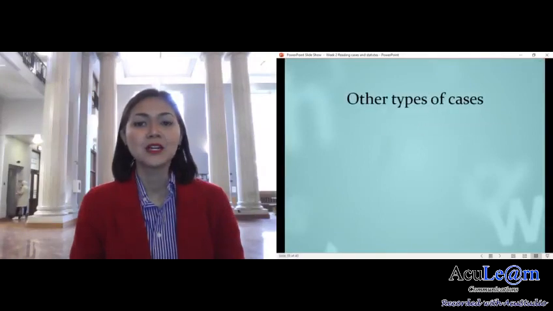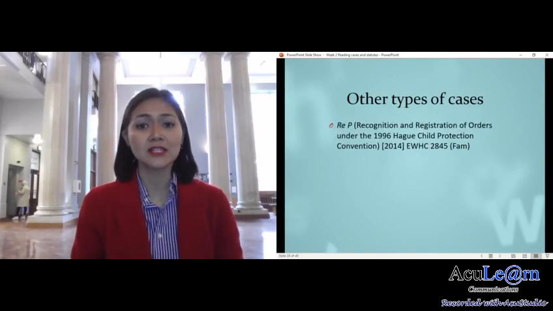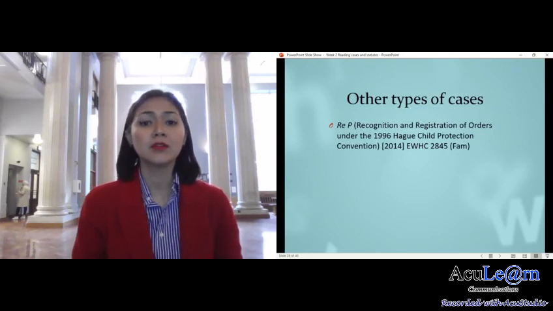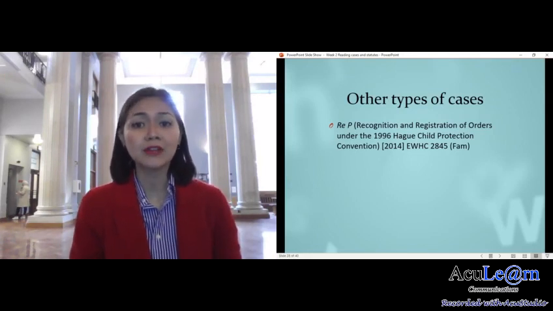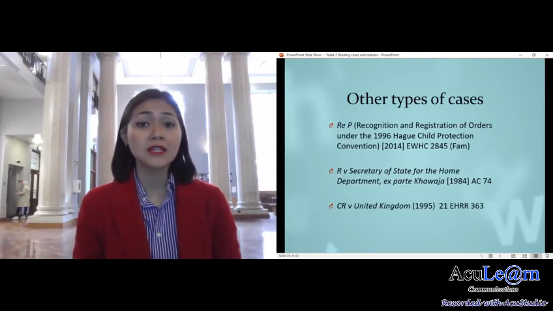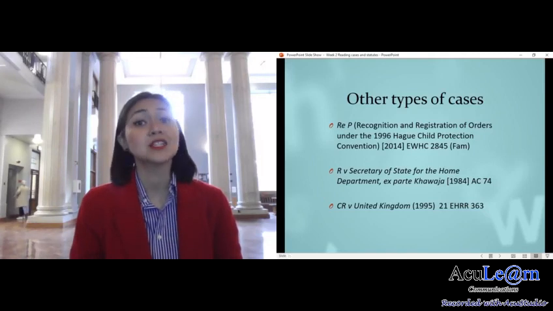Other types of cases that you can consider would be cases having long names like VP, recognition and registration of orders, or R against Secretary of State for the Home Department. These are examples of other types of cases, not necessarily civil or criminal cases, but the citation would be similar.